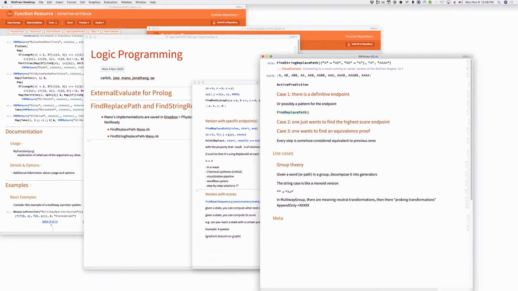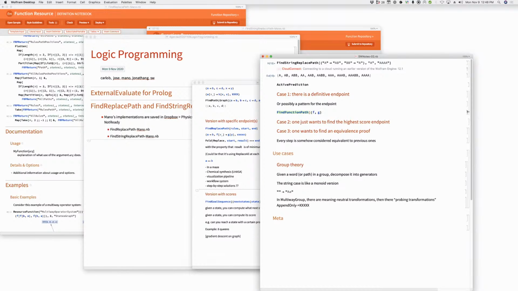I mean, I don't know whether replace is right. The general case of this would be find, it's a general, let's see, find operation path or something. Well, actually, we could call it find function path. And find function path is, actually, that's a different case, right?